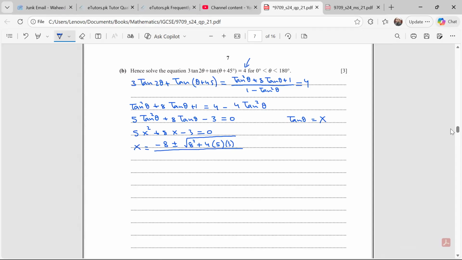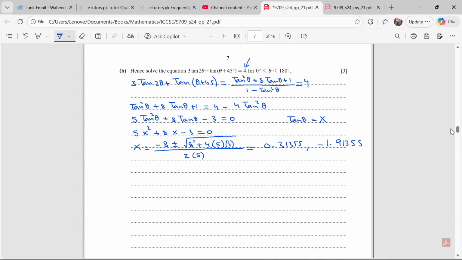When simplified, I got two answers: 0.31355, and the other answer is minus 1.9135.